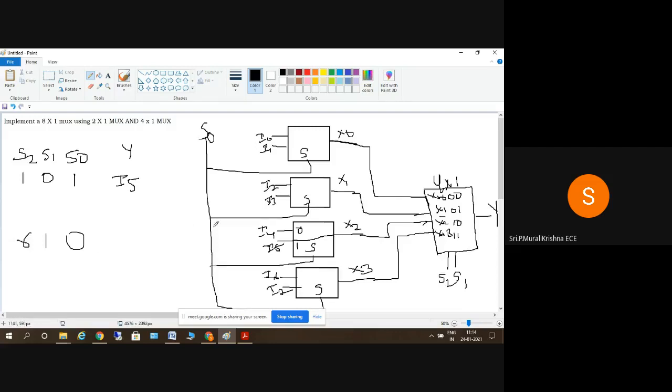The S value will be equal to 0. If S is 0, it will select I2. If it is 1, it will select I3. So 0 means I2 is selected, and 1 means I3 will be selected. Since S is 0, I2 is selected here. So Y will be equal to I2.